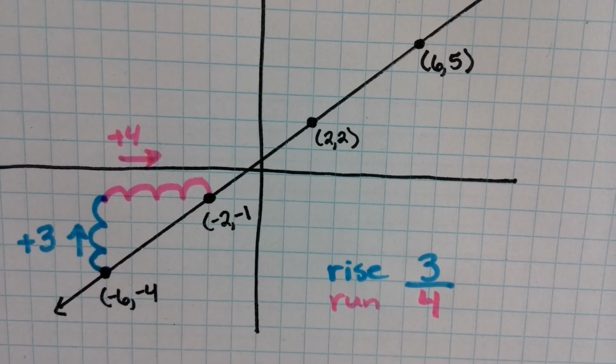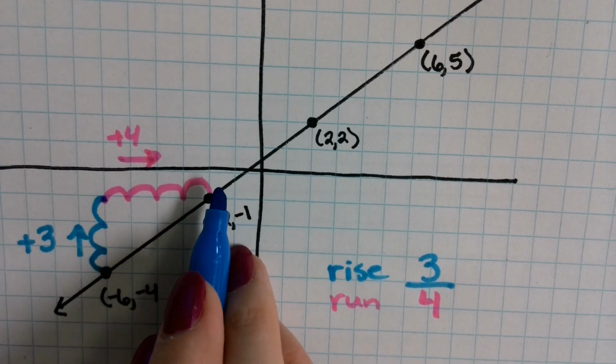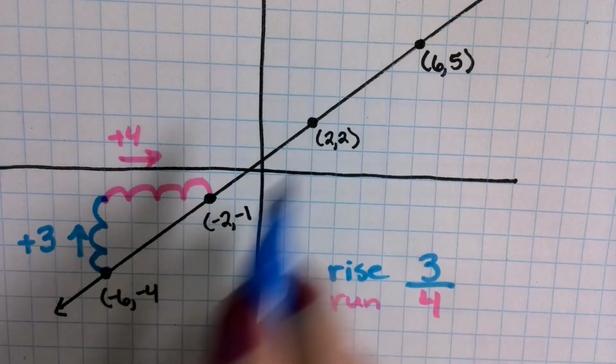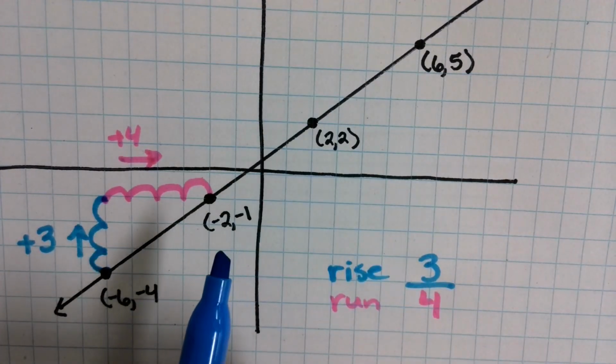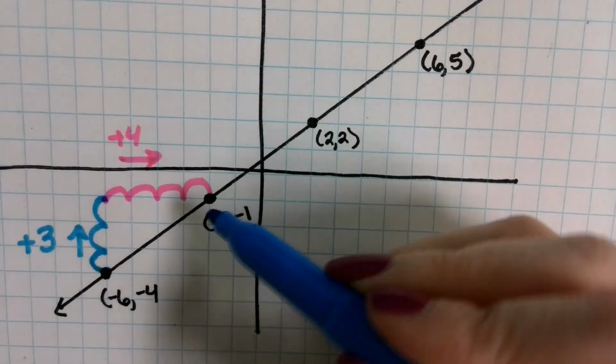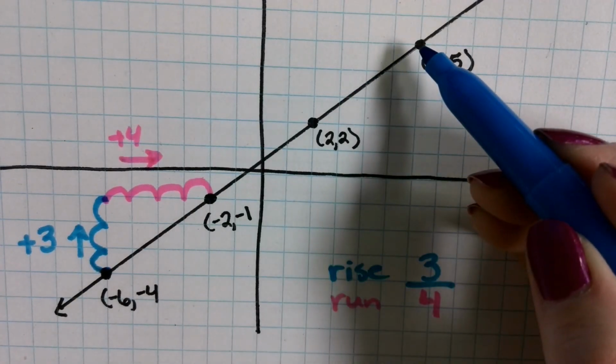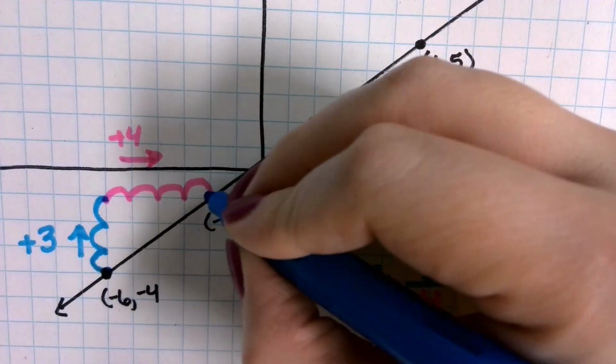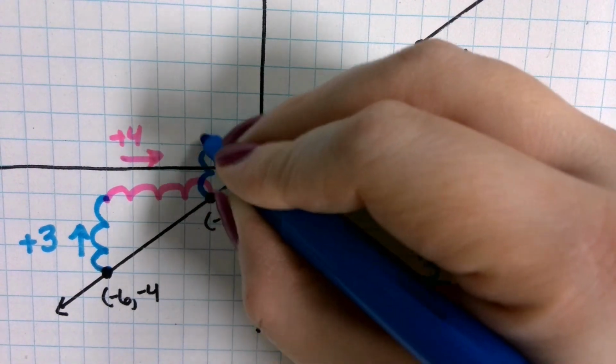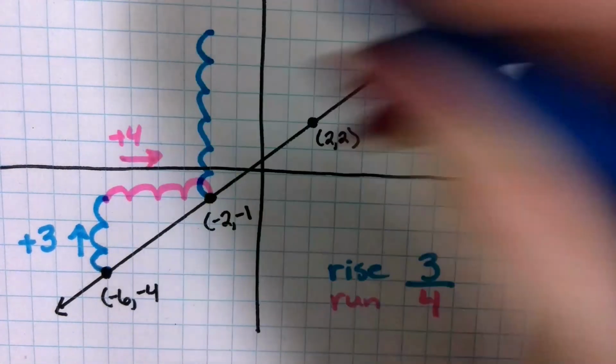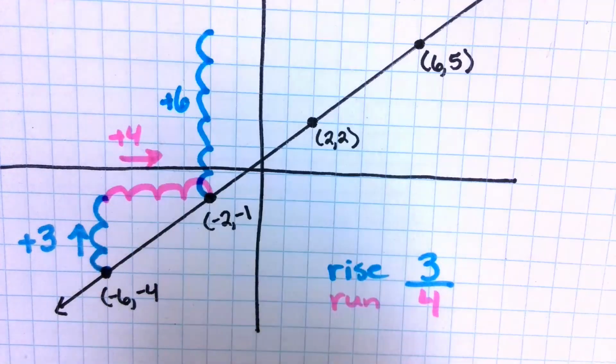Now, let's say that I decide, hey, I'm going to go from my second point to my fourth point. It's still going to give me 3 over 4, just not in a simplified format. To go from my second point to my last point, instead of going up 3, I would actually be going up 1, 2, 3, 4, 5, 6 spots. That would be a positive 6.